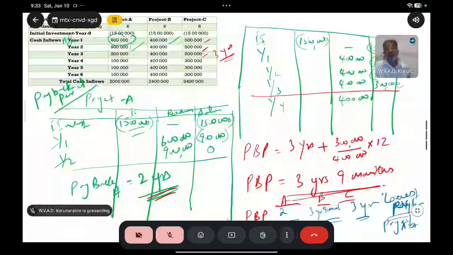Okay, is it clear for you? In your examination, you can answer the payback period, then the NPV and profitability index. Is it okay, doctors?